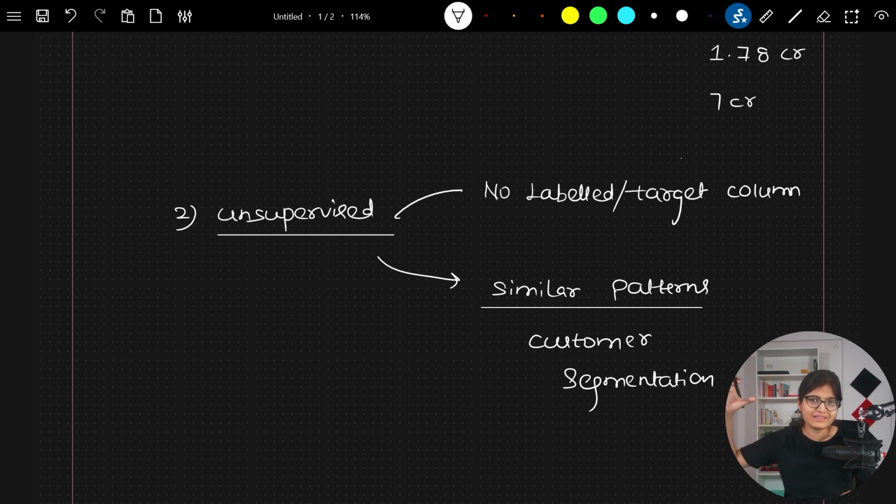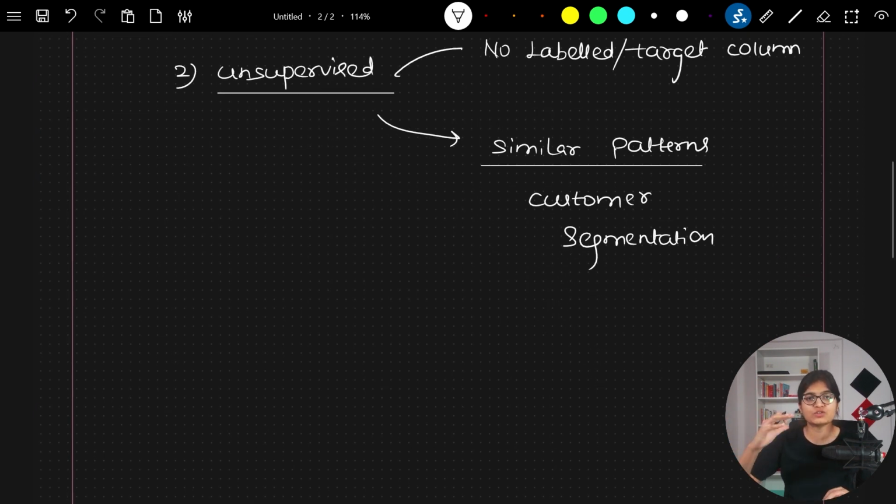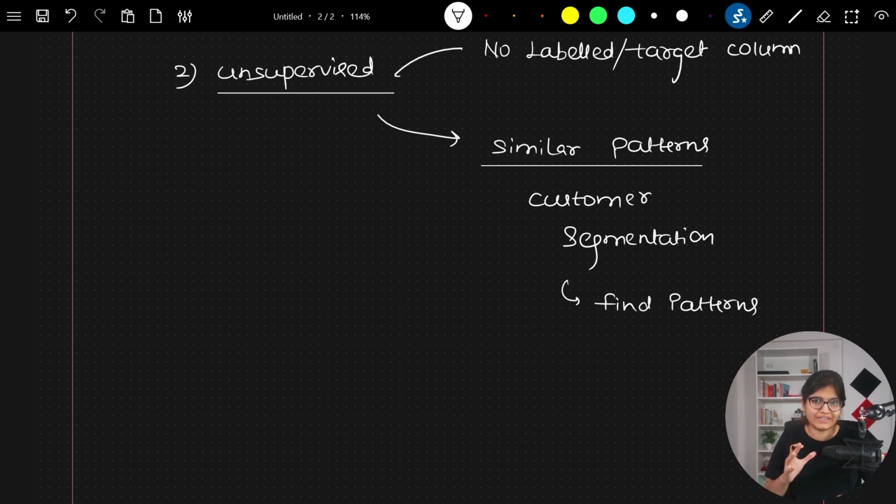Customer A, B, C. Each quality belongs to a group of people. So here basically you are grouping the people who belong to a similar category, a similar distribution, by looking into the nature, I would say. Here our model will try to find the patterns, and on the basis of the patterns it will try to do the segmentation.